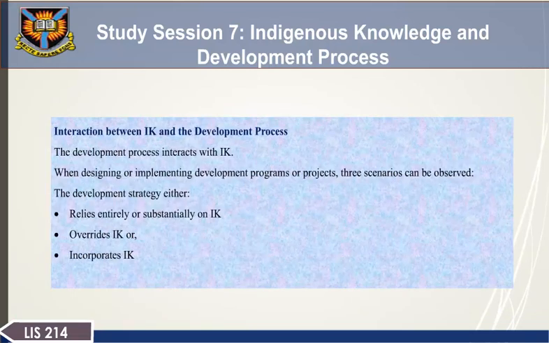Interaction between IK and the development process. The development process interacts with IK. When designing or implementing development programs or projects, 3 scenarios can be observed. The development strategy either relies entirely or substantially on IK, overrides IK, or incorporates IK.